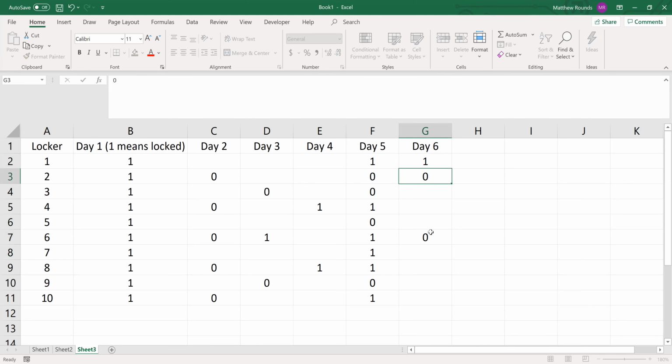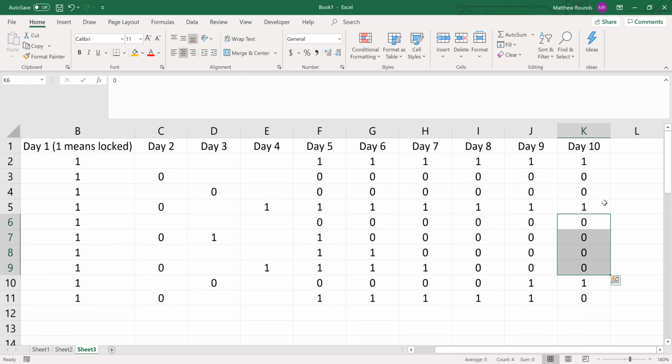But the pattern is a 1 followed by 2 zeros, then another 1. Now there's 4 zeros, and then a 1. There's a 2, and then a 4, so it's going to go up to 8. So there's going to be 8 zeros, and then another 1.